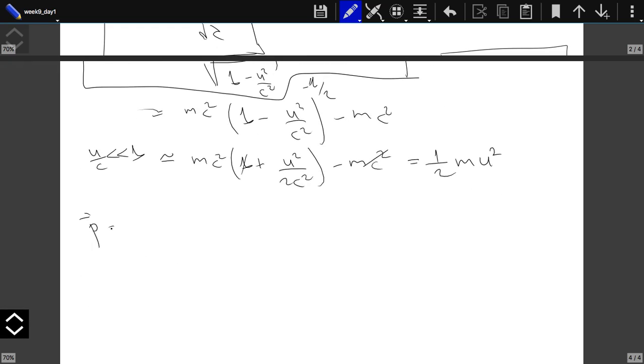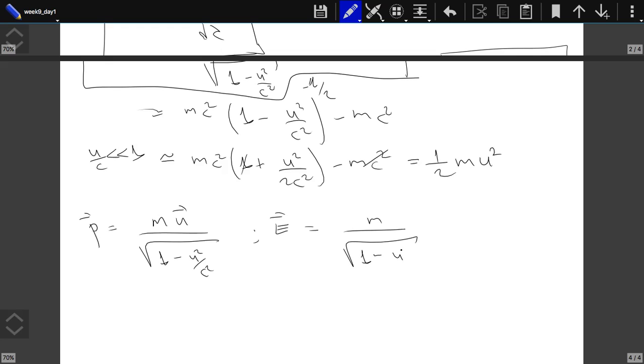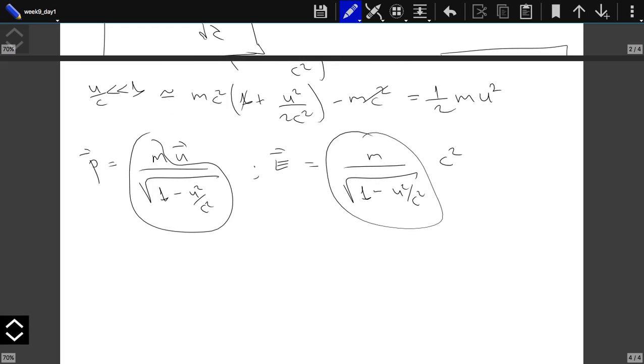You see, p is equal to mu over square root of 1 minus u squared over c squared. E is m over square root of 1 minus u squared over c squared times c squared. You see, this combination appears quite often, which you can call m effective, or m relativistic if you want: m over square root of 1 minus u squared over c squared.